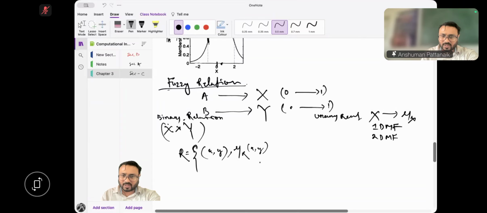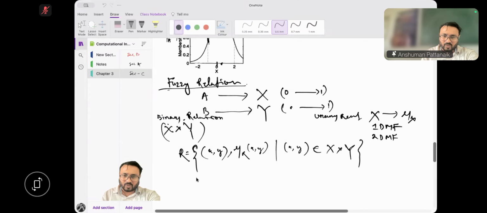How to do the calculation? That is what we will be learning. Such that x and y both belong to the collection of X cross Y. That means x belongs to small x, y belongs to capital Y. This is how this relation will be used.